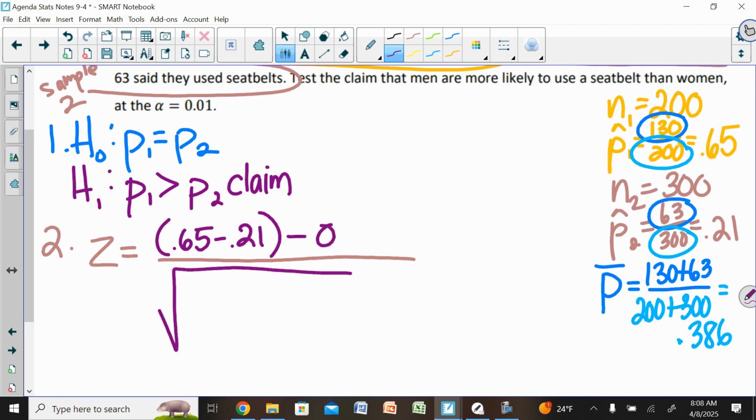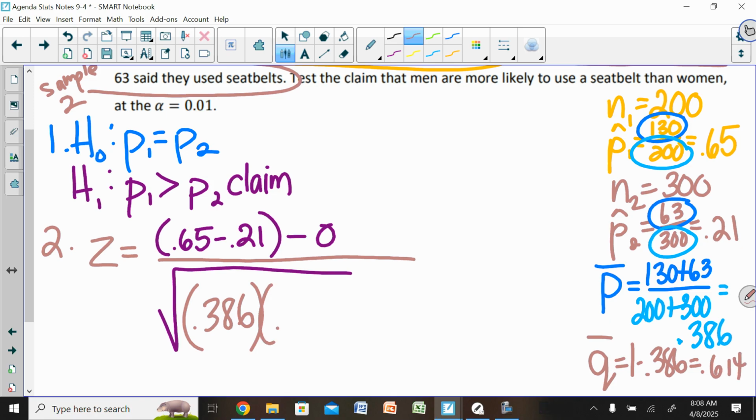And then in my denominator, I've got my p bar, which was 0.386, times my q bar, which would be 1 minus 0.386, which is going to be 0.614. And that's all times 1 over my sample size 1 plus 1 over my sample size 2 in the denominator.